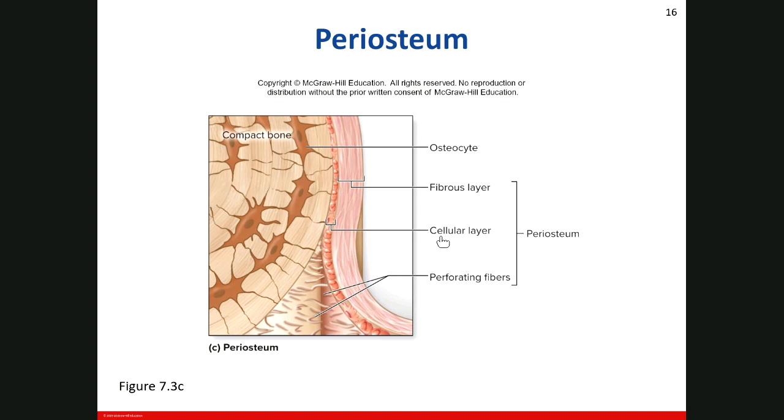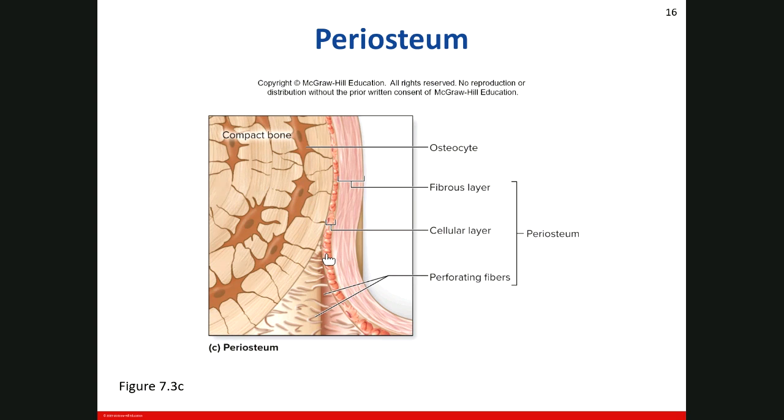The inner layer is called the cellular layer, and you can see the cellular layer here. In the cellular layer, we have more cells than fibers. And the cells which can be seen here are the cells which make our bone. We can see osteoprogenitor cells, osteoblasts or young cells of the bone, and osteoclasts or macrophages of the bone. I will show you these cells later.